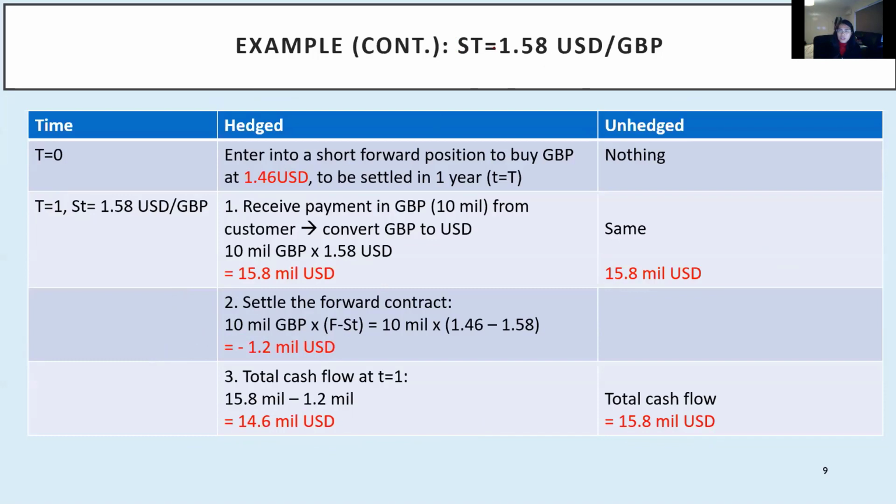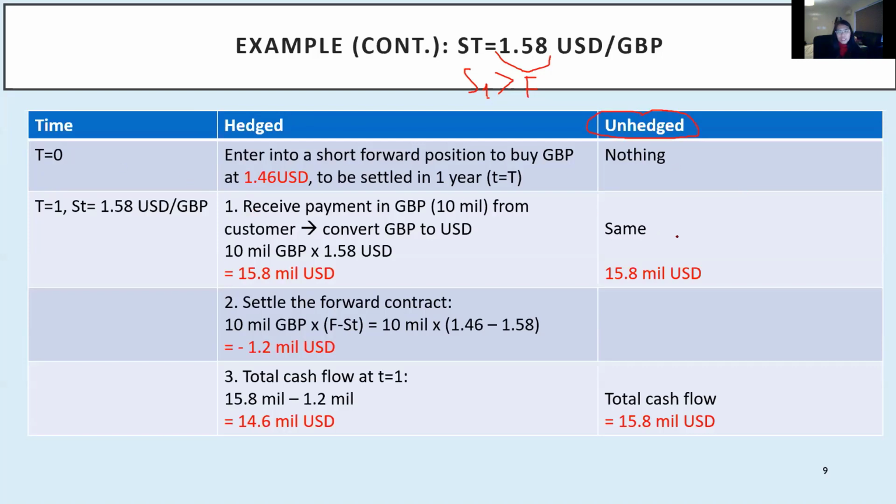So in the next example, my spot exchange rate moves up to 1.58. So in this case, the future exchange rate exceeds my forward rate, okay? So let's look at both positions here. For my unhedged position, once again, I'm not doing anything at time 0.